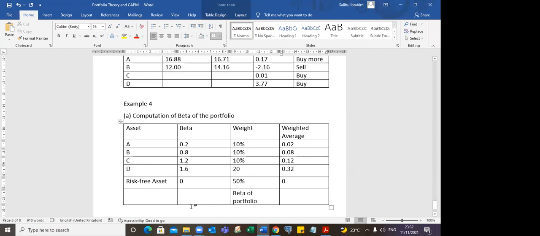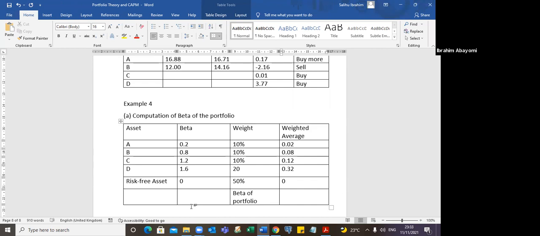Do you understand now? Yes, sir. So you have to include that risk-free rate to make it complete, because your investment is 100%, 50% in risk-free, 50% in risky assets. So the one that is in risk-free will not have beta because it's not having risk, because beta measures risk. And since it's risk-free, the beta will be 0.